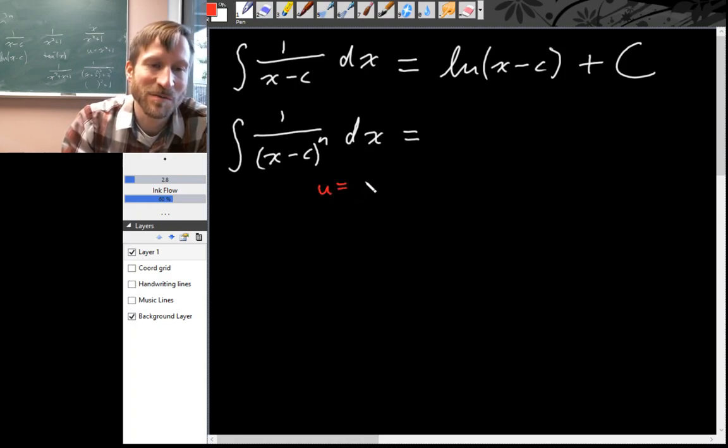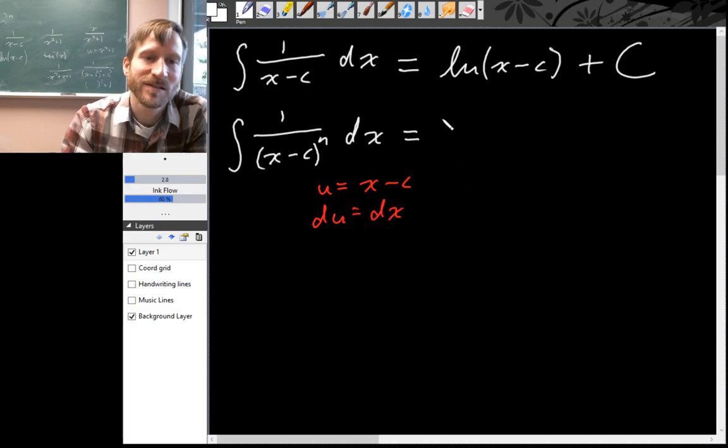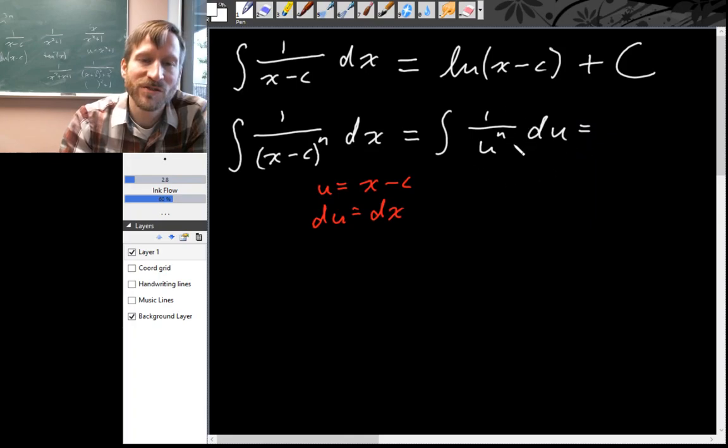So if we do a U-substitution, we should let u be x minus c. Then du is just dx, which is nice. So this integral turns into the integral of 1 over u to the n times dx, but dx is equal to du. And then we can use the power rule to calculate this antiderivative.